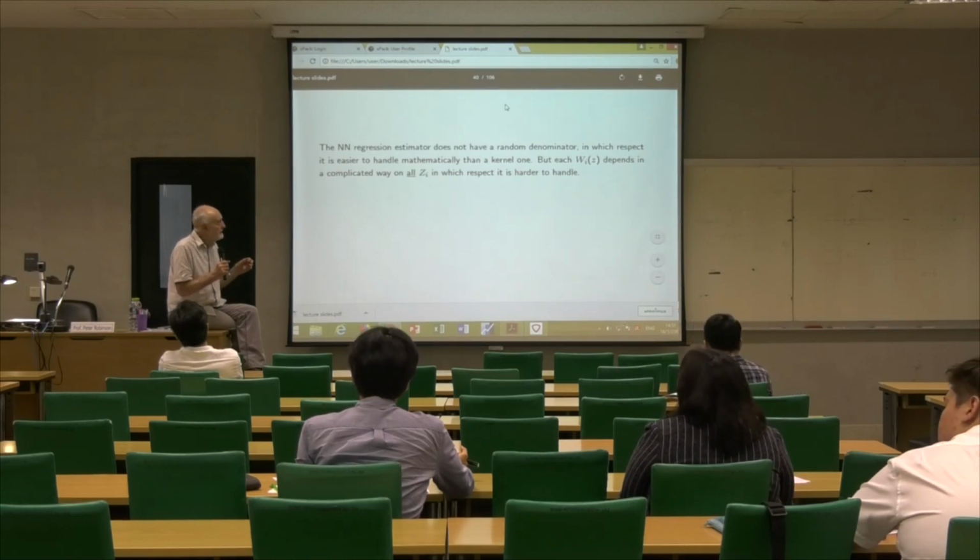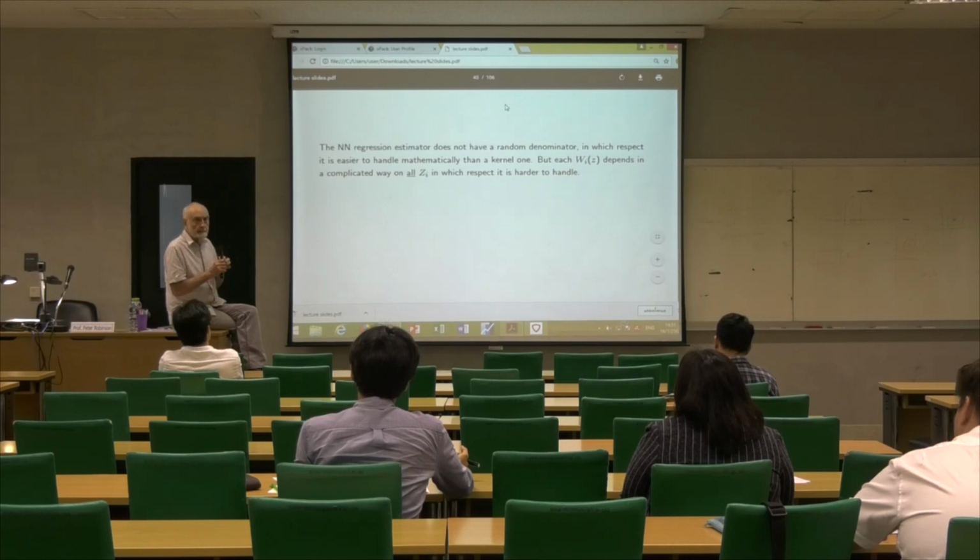However, there's ambiguity here in how we actually define the estimate, but people have come up with so-called optimal ways of choosing the bandwidth a in kernel estimation, and also choosing m, the number of neighbors to choose in nearest neighbor estimation.